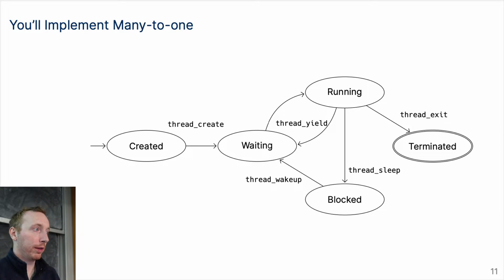How to activate it from waiting to running? Is it still thread yield? So waiting to running is, when the current thread gets yielded and added to the waiting queue, it would just go to the back of the queue, which is in your threading library, right? So this is all your threading library code.